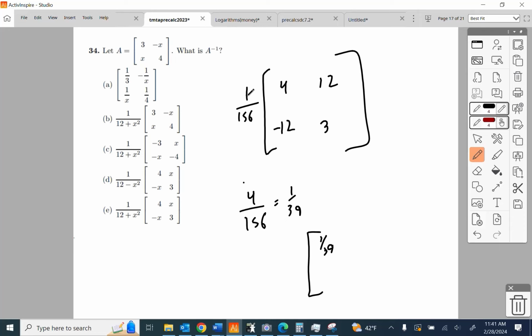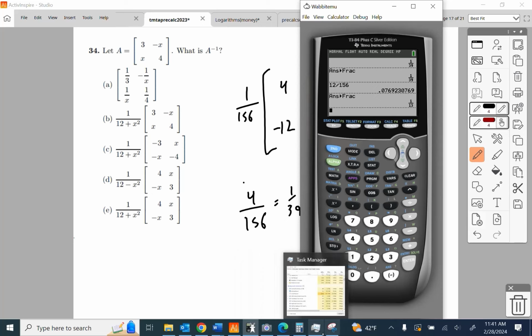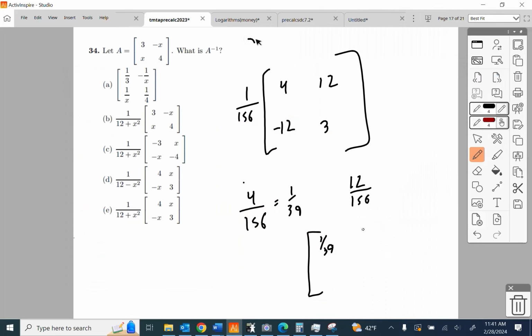Here I'm going to have 12 over 156. I can't even push buttons today. Back as a frac. 1/13. Cool. Checking out.